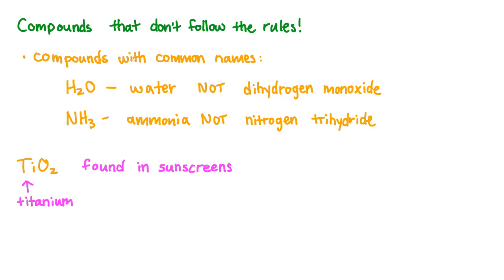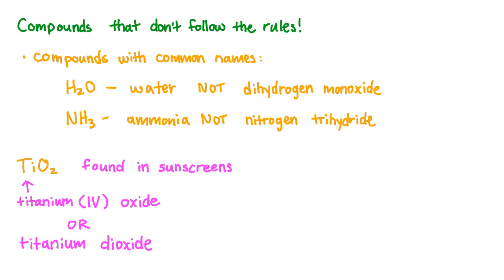Ti is the atomic symbol for titanium, which is one of the metals that can form multiple ions with different charges. If we work out the charge on titanium from the chemical formula, we would find out that titanium here has a charge of 4+, so this compound should be called titanium 4 oxide.